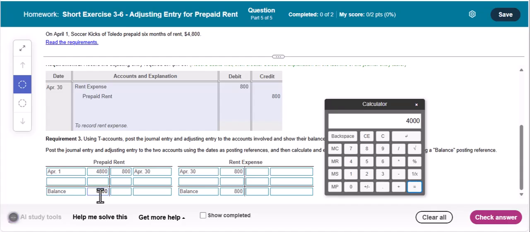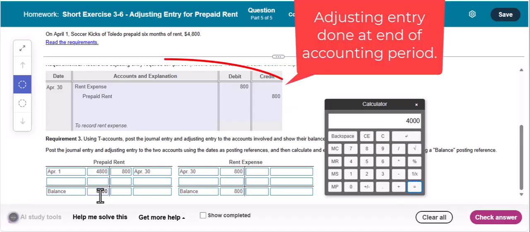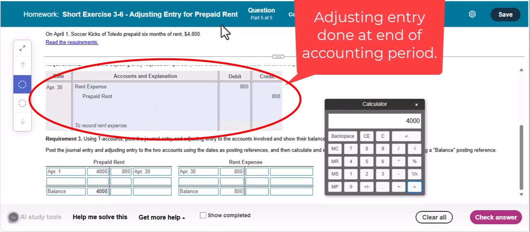So that's the adjusting entry that you would do at the end of the accounting period whenever you have prepaid rent. So anytime you prepay something, right before you do your financial statements, you have to do an adjusting entry, which is this one right here. And then that updates your accounts and it would correct the account balances.